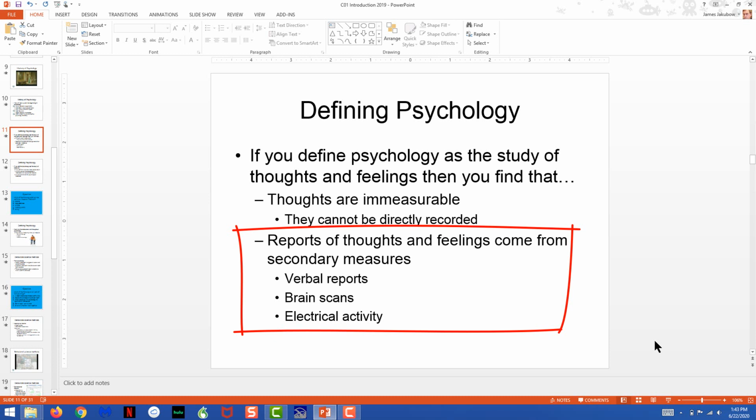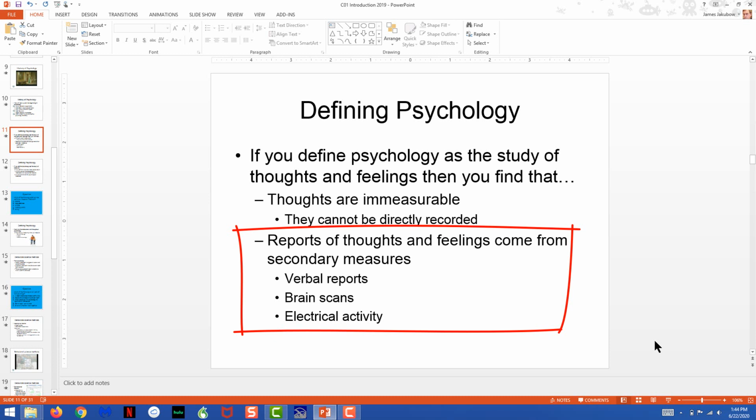Now, it's absolutely true that by scanning a person's brain, reading the type of electrical activity off of their brain, you can get an idea of where things occur in the brain and to some degree the amount of activity that it involves. And you can use that for other things. But electrical activity off the brain is only a direct measure of electrical activity off the brain.